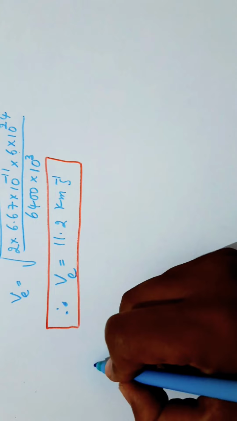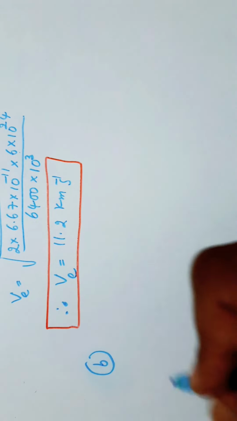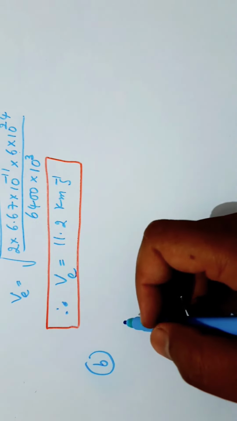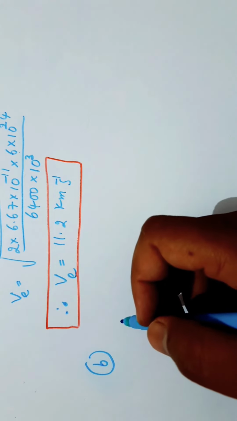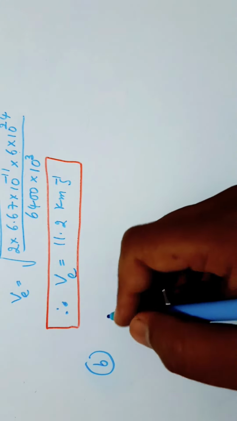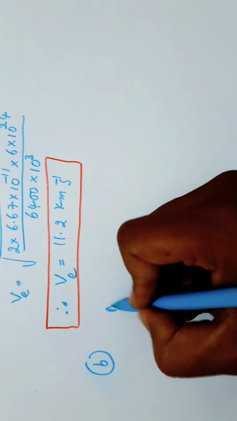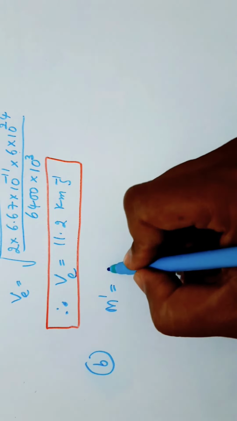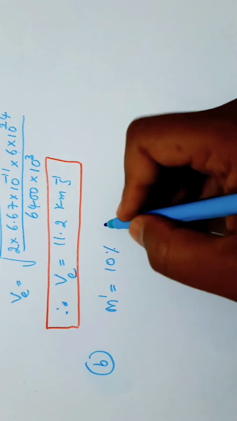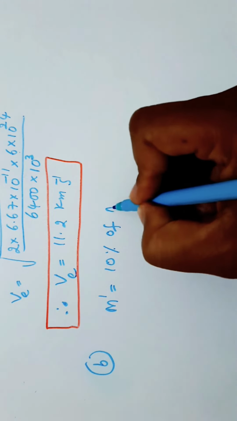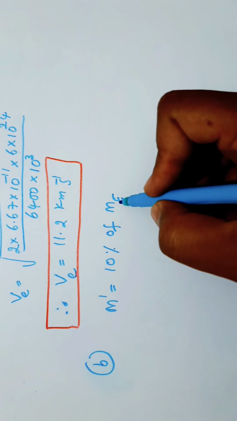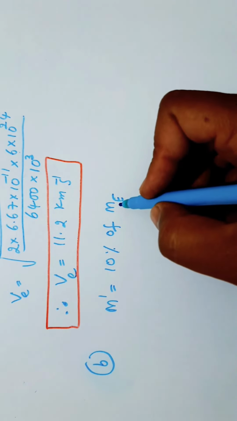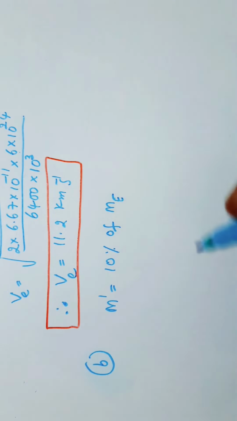See the second one. So here the earth is made of wood. When the earth is made of wood, the mass of the earth, so that is m dash, is 10% of its current mass. So here we know mass of the earth is 6 into 10 to the power of 24 kilograms.